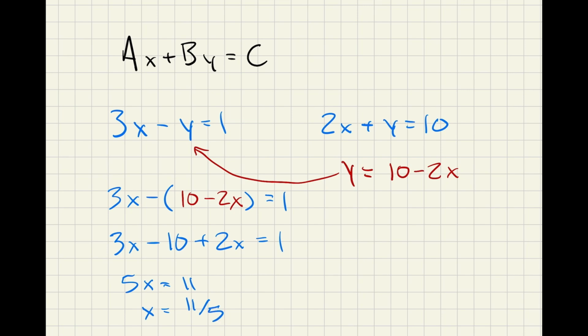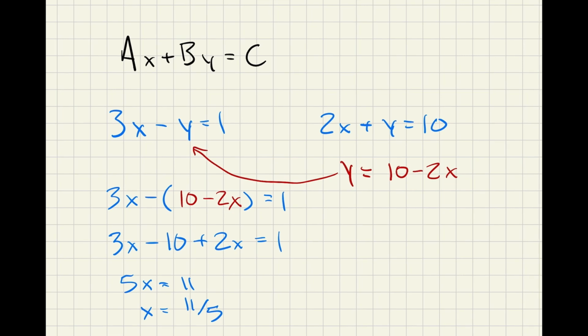Then we plug that back into either equation to figure out what y is. Since we already know y is equal to 10 minus 2x, we can just go ahead and plug in this x equals 11 over 5 directly here to solve for y. So y is equal to 10 minus 2 times 11 over 5, or 10 minus 22 over 5.